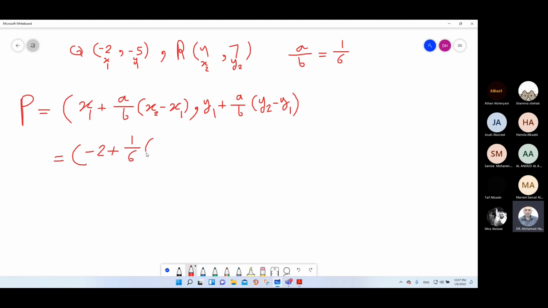X2 means 4 minus x1 means negative 2. Now y1 negative 5 plus A over B means 1 over 6, y2 means 7 minus y1 means 4.